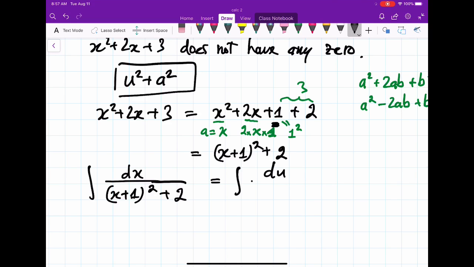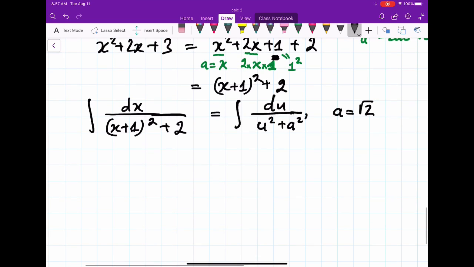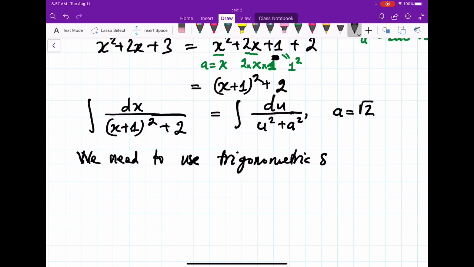That is du over u squared plus a squared, where a is square root of 2. So you need to use trig substitutions in this situation. Okay, let's do that. We need to use trigonometric substitution.